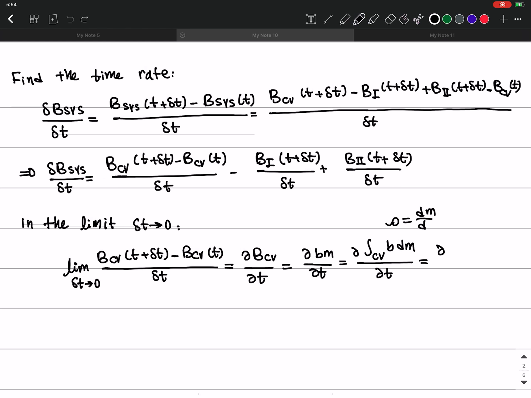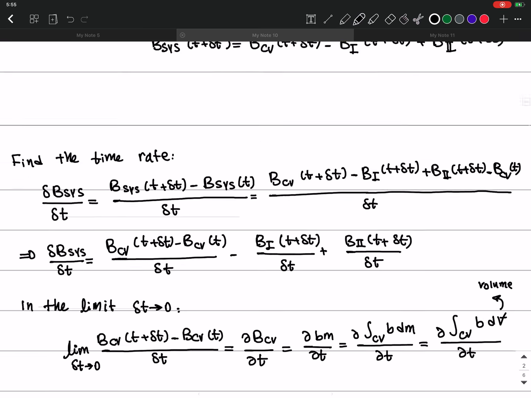So it's going to be the integral over the whole control volume of rho b dV, where V is volume here, over dt. Okay, so this is the first term.